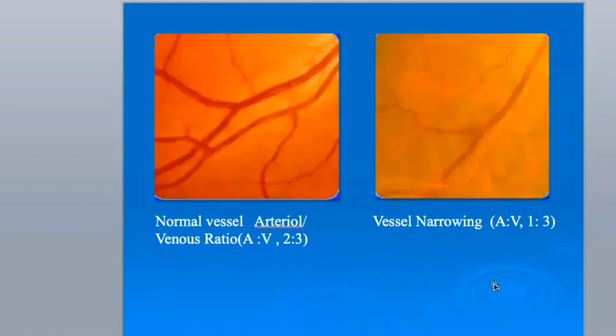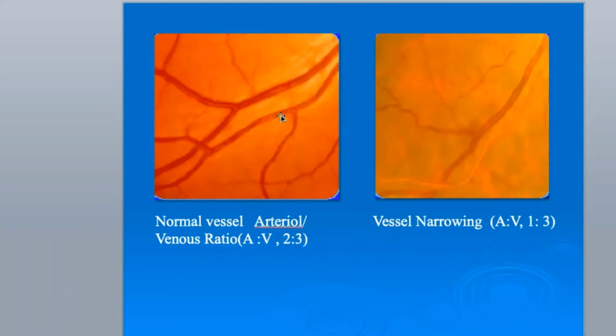Now let's look at how a normal arterial to venous ratio looks. Which one is the artery? The darker one. Now, this picture is not superbly nice, but this is a photo. Anyway, the smaller one should be the artery, and the bigger, darker one should be the vein.